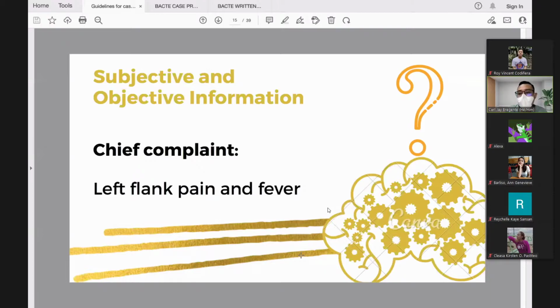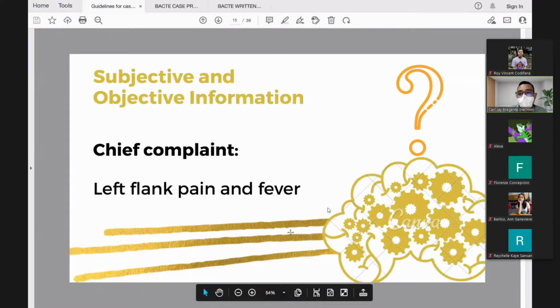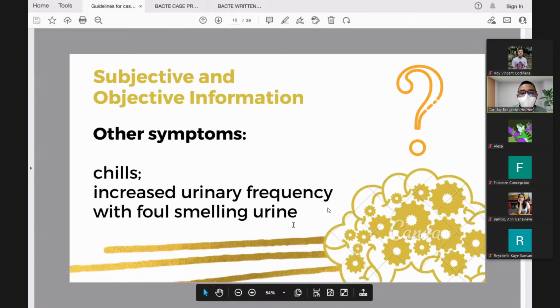Fever only is not a chief complaint because if it's only fever, we can just manage it at home, we don't necessarily go to the clinic or hospital. But the patient went to the hospital because of the left flank pain. Okay? So that's the major chief complaint. Other symptoms are chills, increased urinary frequency, and foul-smelling urine.